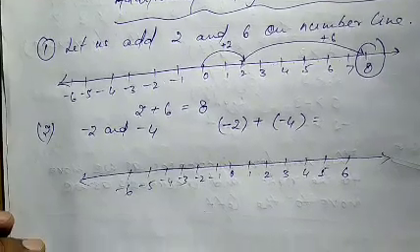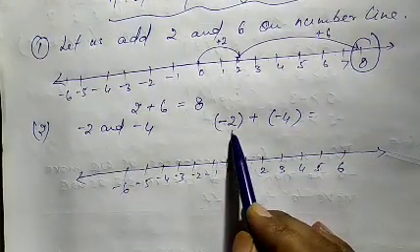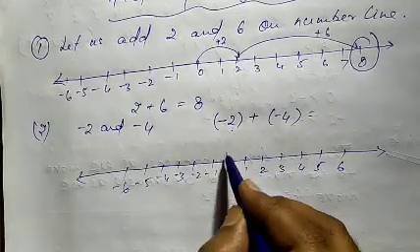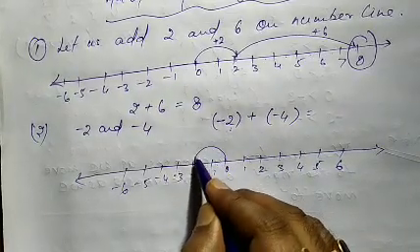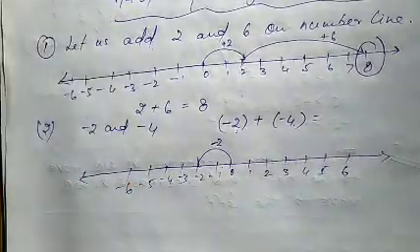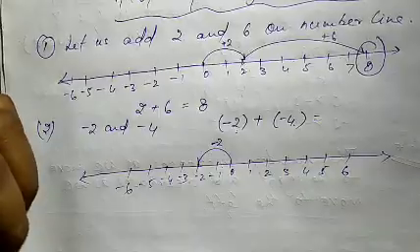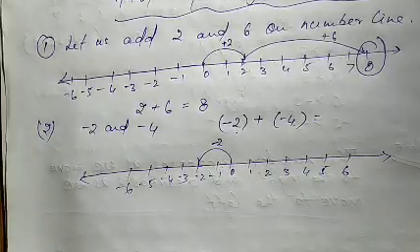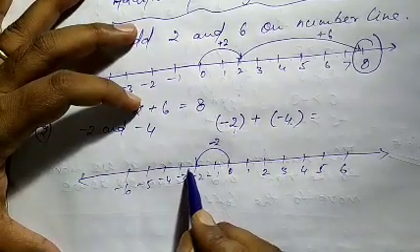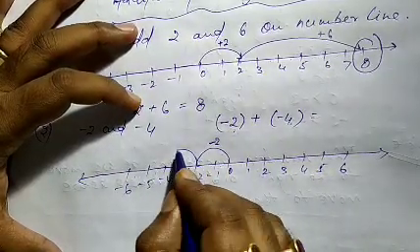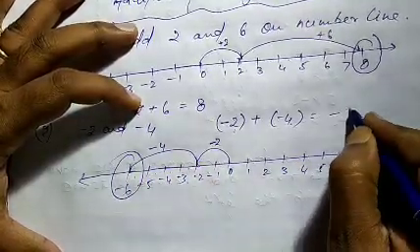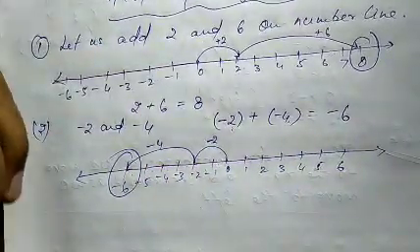Now this is -2. -2 means you have to move left from 0. 1, 2. This is the -2 move. Now -4 means 4 steps left of -2. 1, 2, 3 and 4. So what do we get? -6. This is the answer.